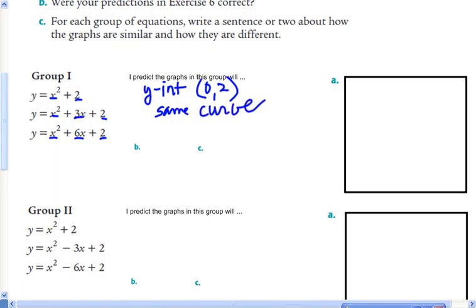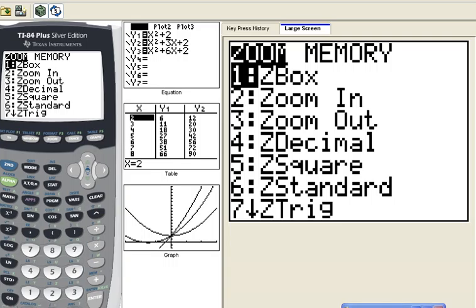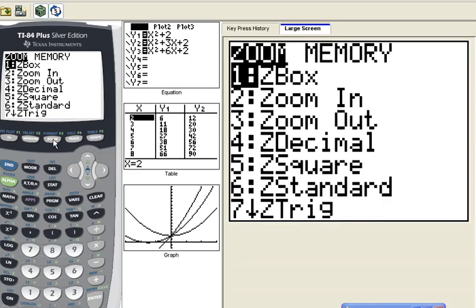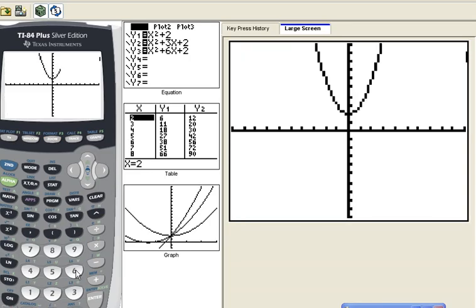All right, now we're going to graph that. So I'm going to pause here and get my calculator set up. I think I'm just going to use a standard window. All right, so you can see the equations I put in there. I put them in the same order as they're written in your packet. I'm going to press zoom standard, and the graphs will appear.